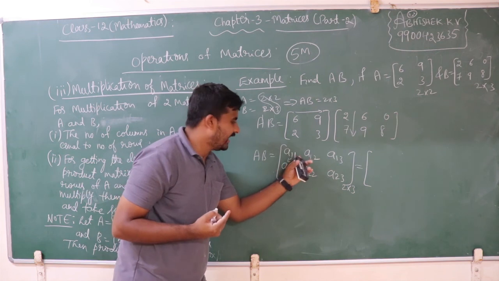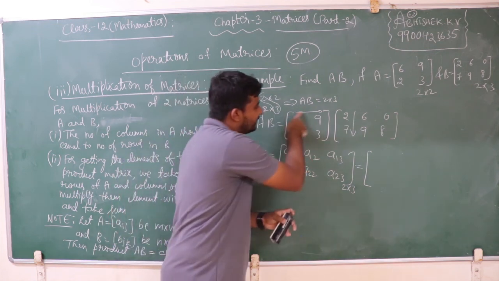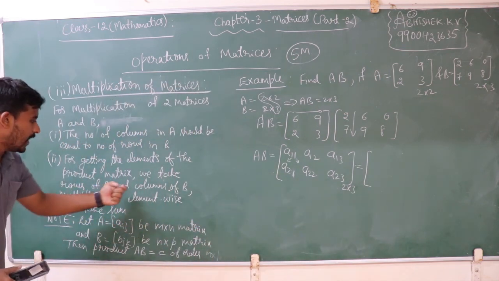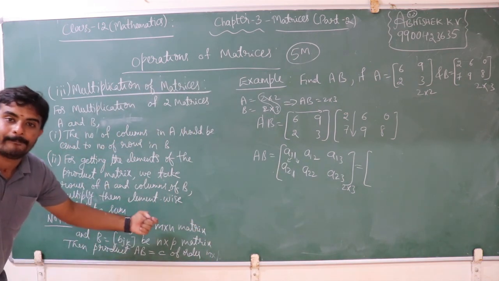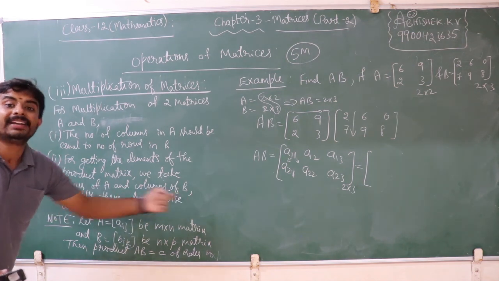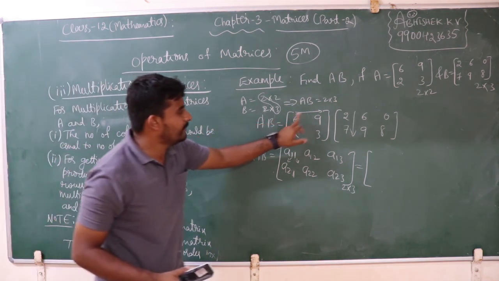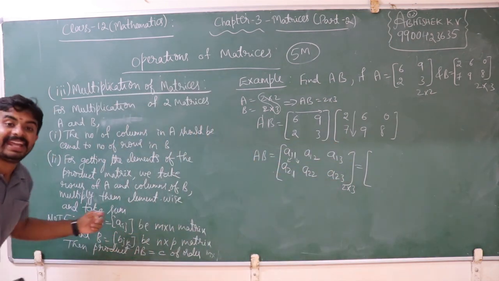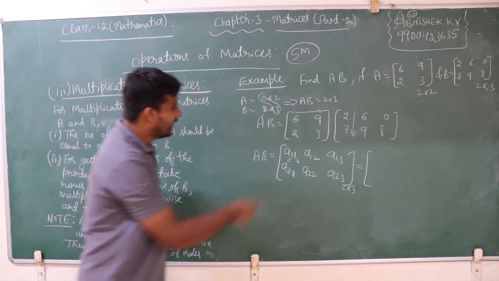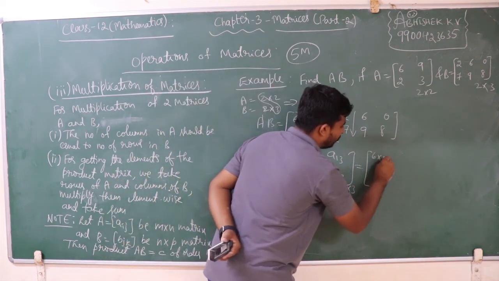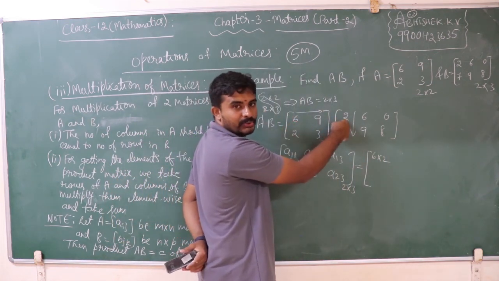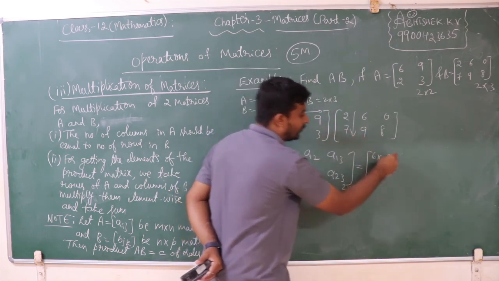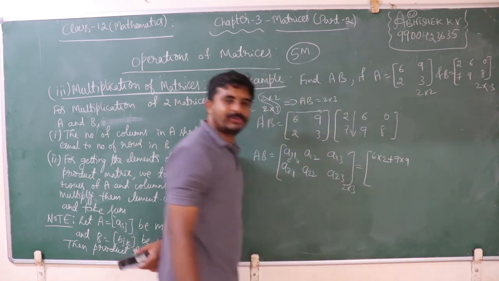Row of matrix A, column of matrix B. See, this is the row, this is the column, and rows of A, columns of B, multiply them element wise. See, this element with this element, this element with this element, and take the sum. See, 6 into 2 plus, take the sum, and 9 into 9.